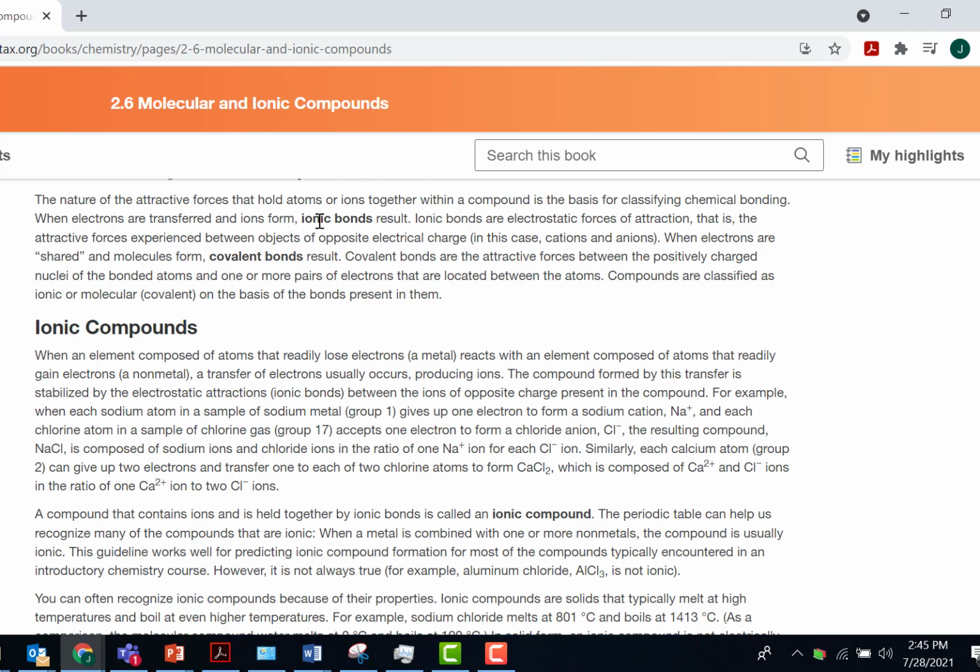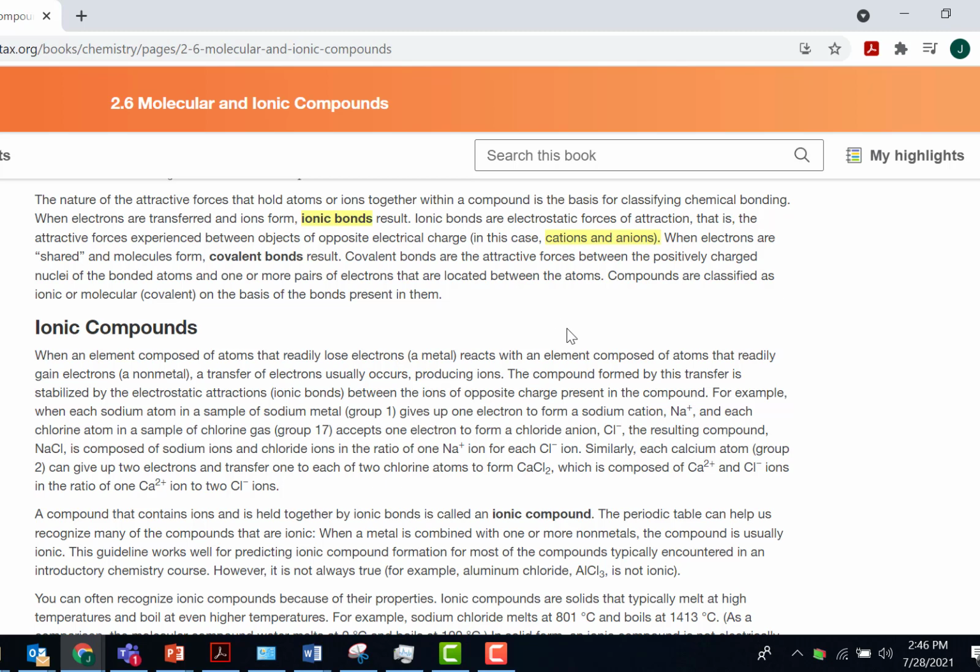So ionic bonds form when we have opposite charges, so negative charges with positive charges, and that will be cations and anions. So if you have an element that will form a positive charge and an element that will form a negative charge, and you bring those together, you get an ionic bond.